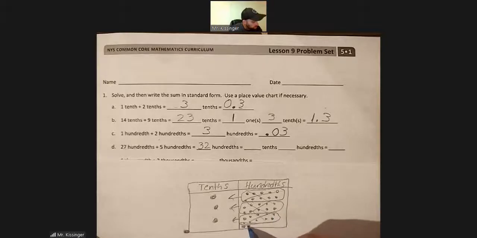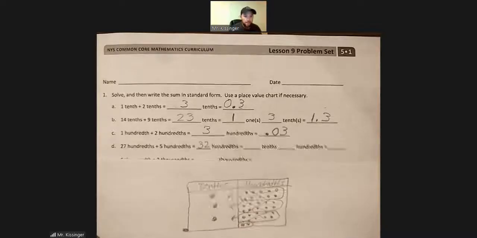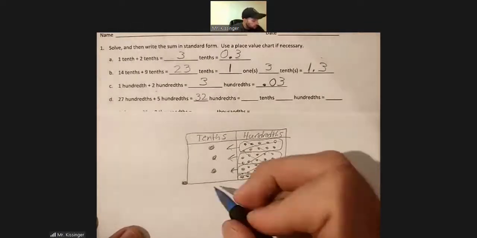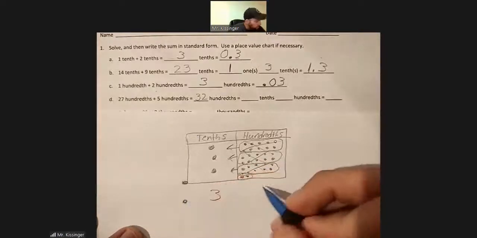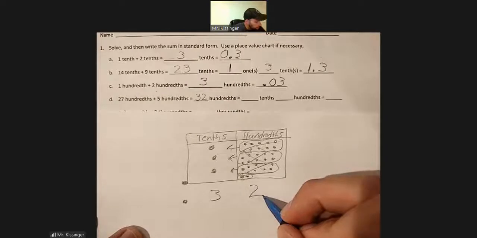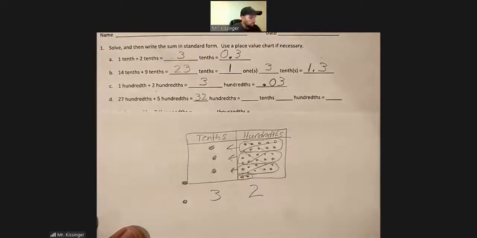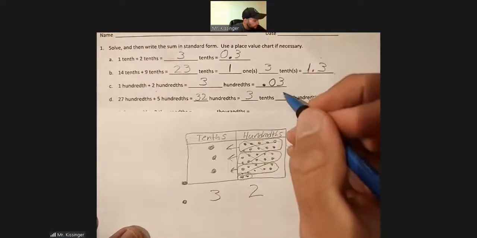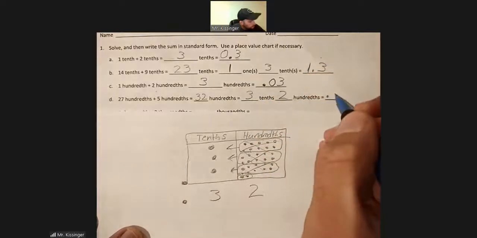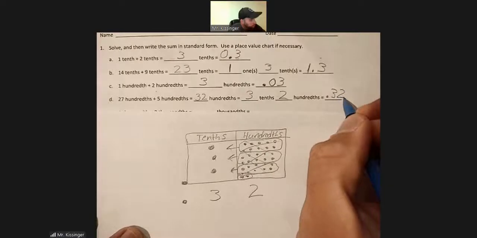And we have 2 left over at the bottom here. And those are going to be our hundredths. So we'll have 3. Remember our decimal point's right over here. 2 hundredths. So 0.32. We can put 3 in our tenths, 2 in our hundredths, or 0.32.